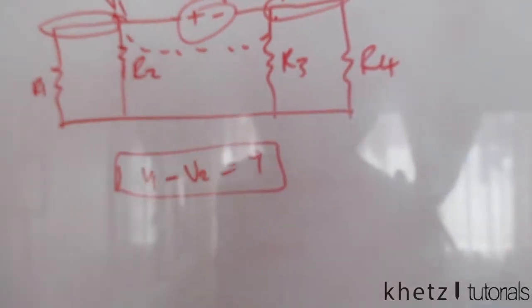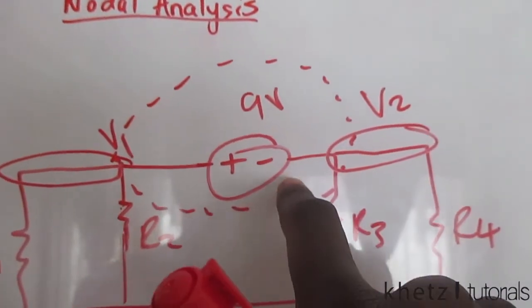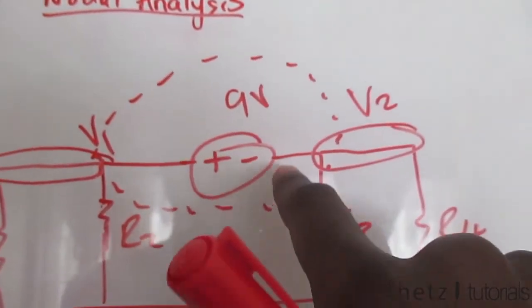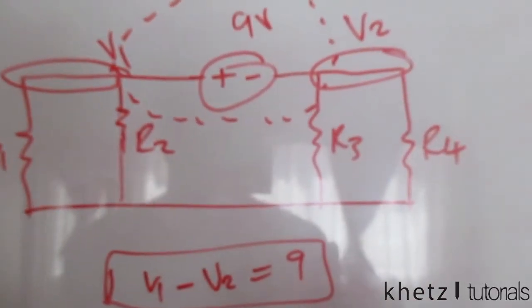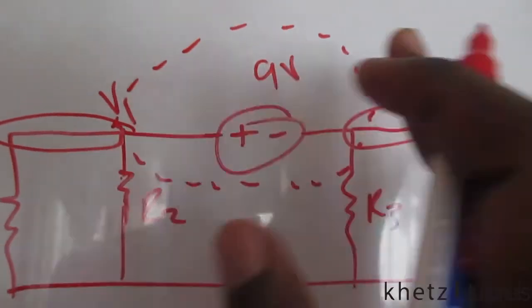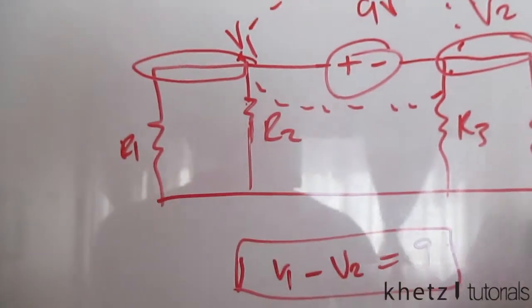And now for the second equation, instead of splitting these two like you would if there wasn't this voltage source or this supernode, you actually combine the equations of both sides and add them and equate them to 0. So let me show you how you do that.